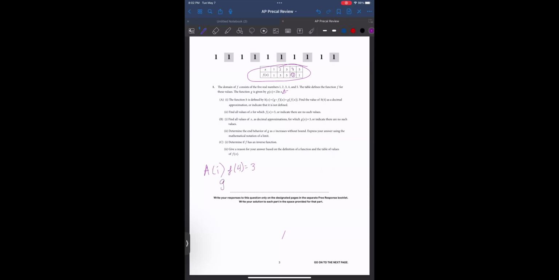And then I plug it in. So g of 3 is equal to 2 ln of 3. This is where you need your calculator, right? So when I plug that into my calculator, I get what?